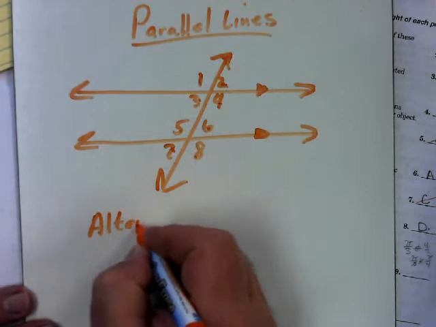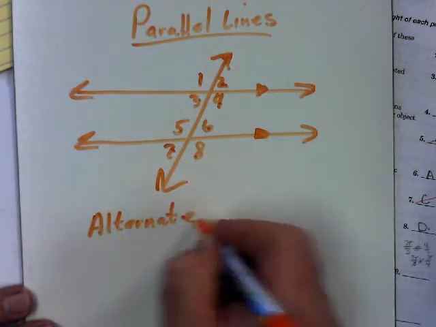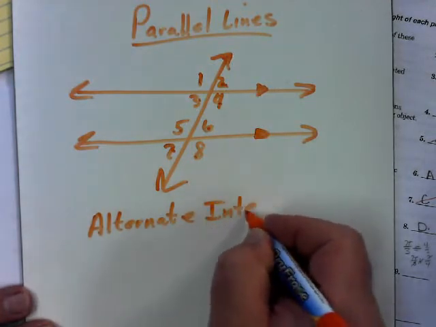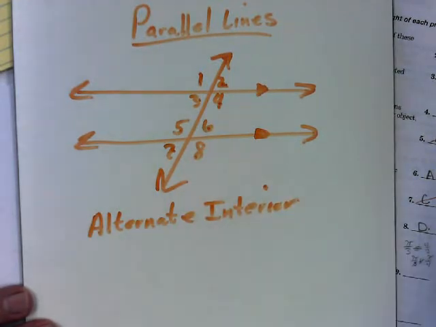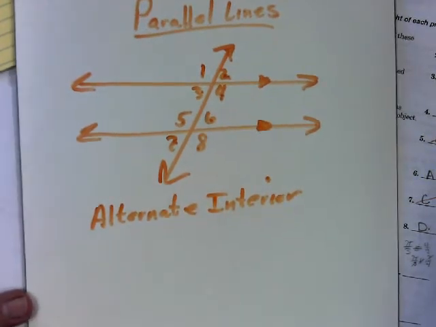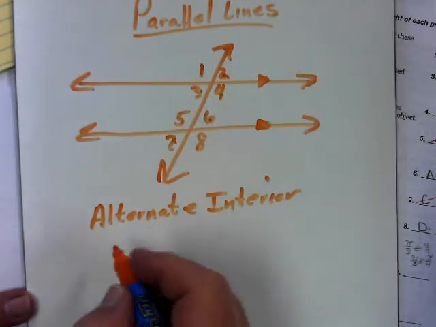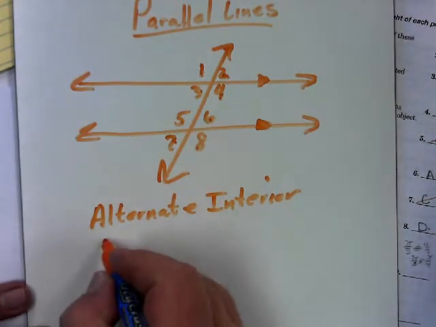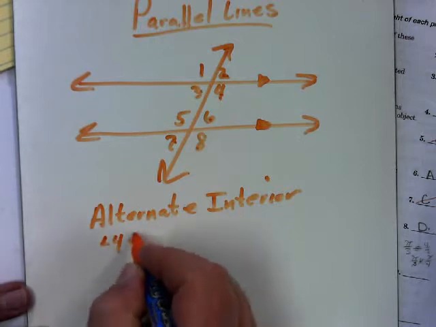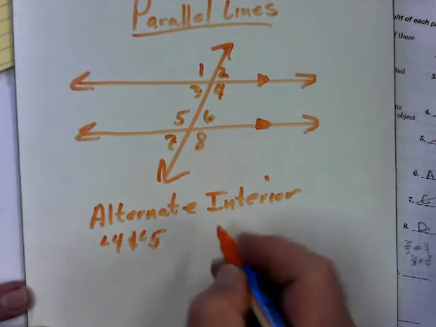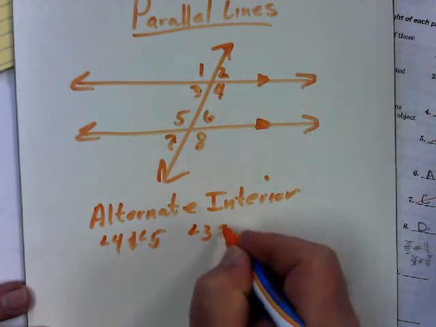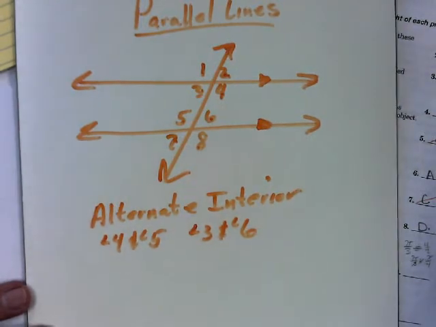alternate interior angles. If you have alternate interior angles, can you list them for me? Angle 4 and angle 5 and angle 3 and angle 6 are alternate interior angles, right?